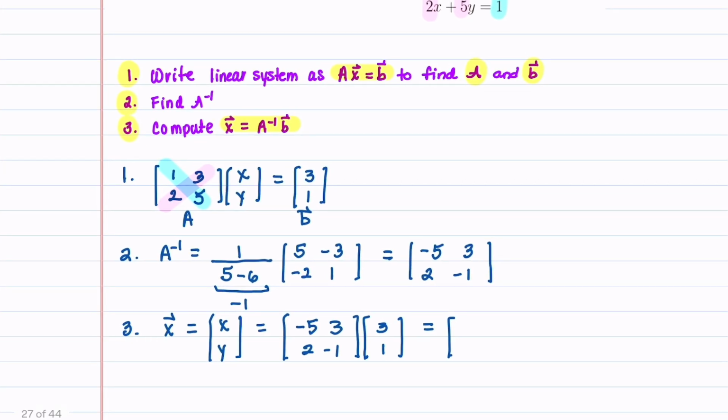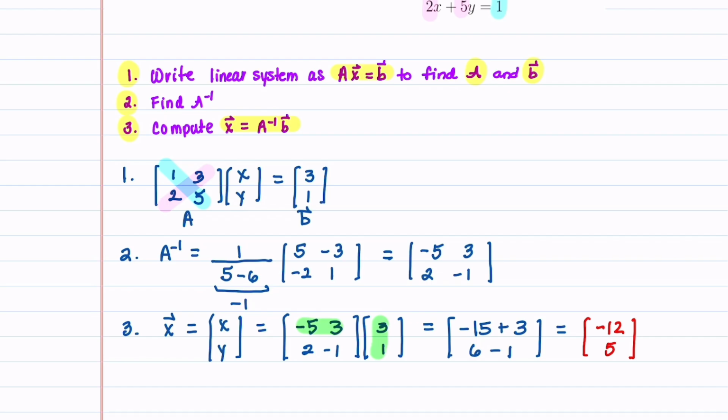Our first row is going to be a minus 15 plus 3. All we're doing here is multiplying this row by that column. And then our second entry is going to be a 6 minus 1. And this gives us a final answer of minus 12 and 5.